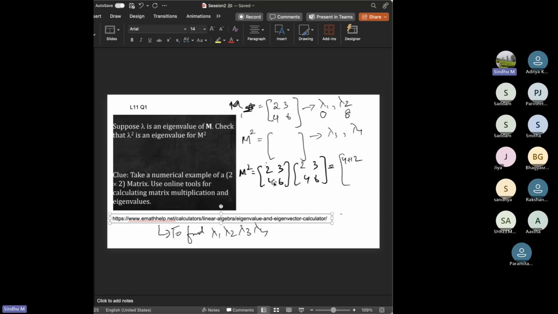And the second term will be this plus this, so 6 plus 18. And the third term would be these two terms multiplied and added. So 8 plus 24. And the final term would be 12 plus 48.